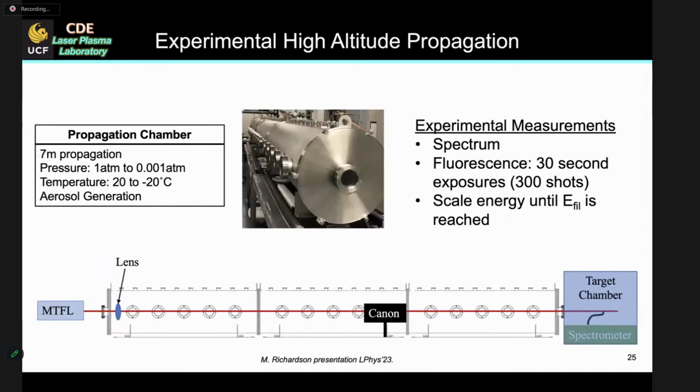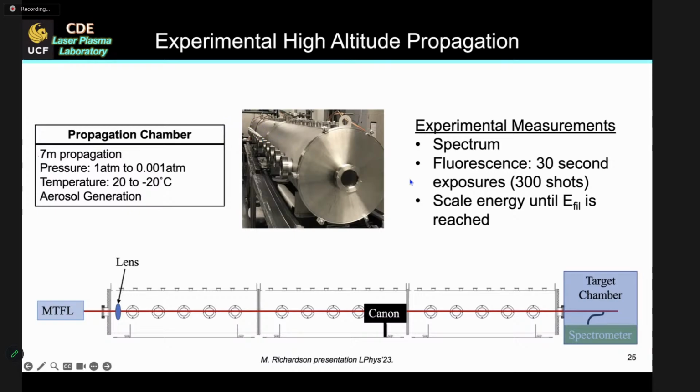These measurements were made by propagating through an atmospheric chamber that we have constructed here at UCF, which is in line with our MTFL laser system.